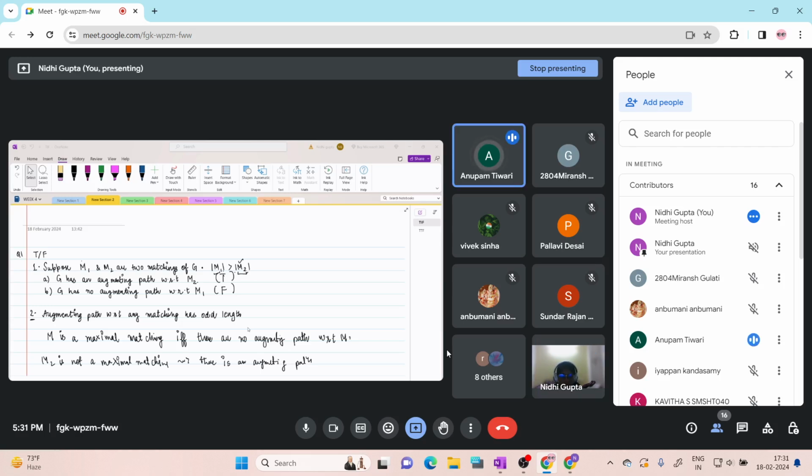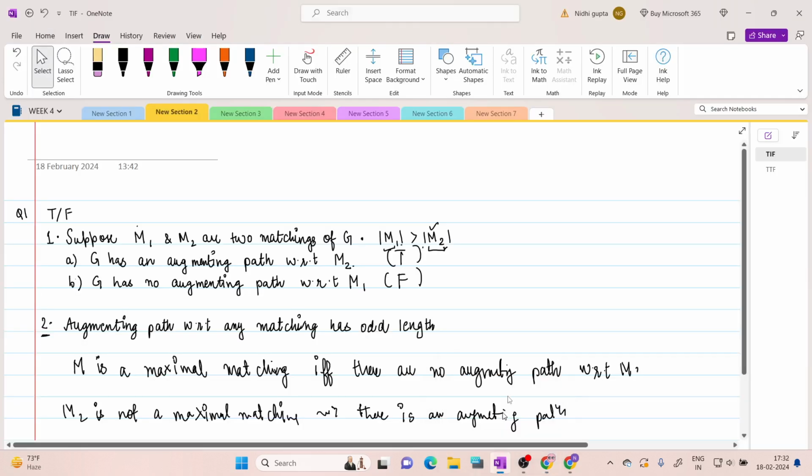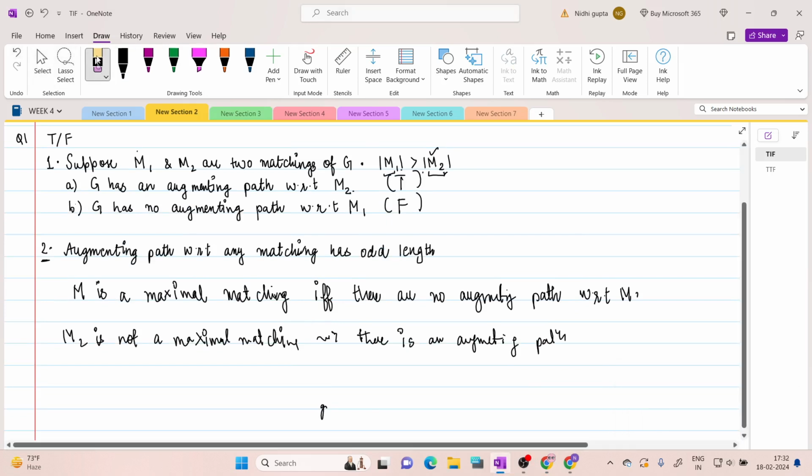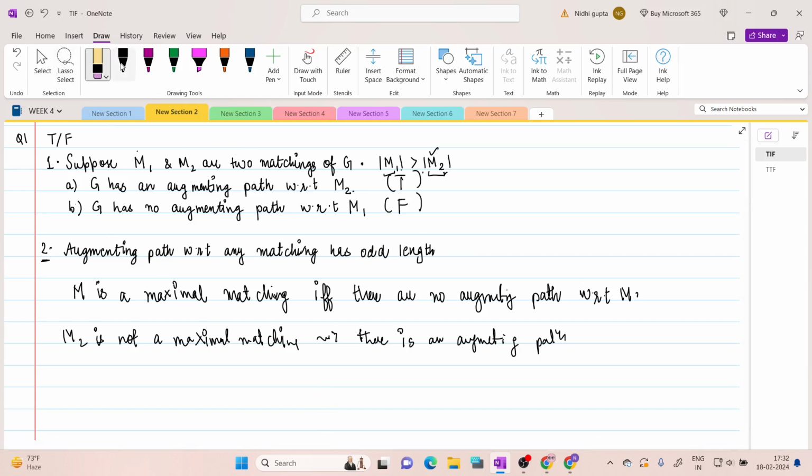Ma'am, if you see the sequence: unmatched, matched, unmatched, then matched. If you stop at unmatched, then the path will always be odd. If you increase the length by one, it will become even, and then it will become cyclic. Yes, you're correct. So the second part is also true.